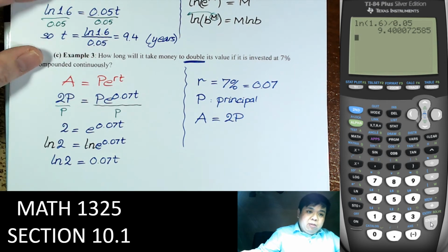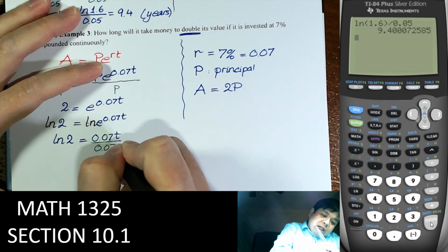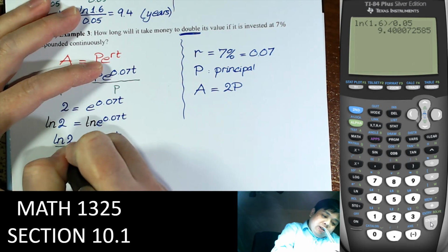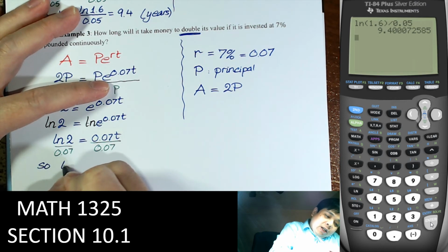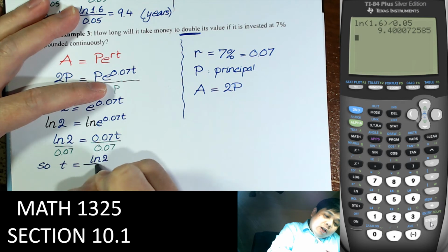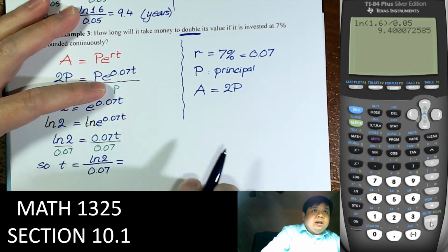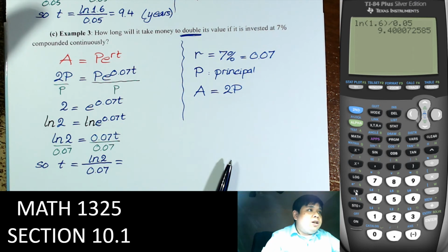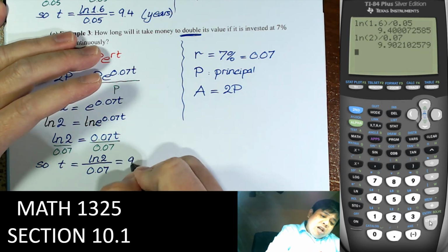And then we divide by 0.07 to get t by itself. So we have t equal to ln of 2 divided by 0.07. It's about 9.9, so that's about 10 years.